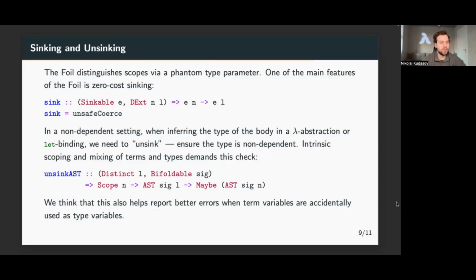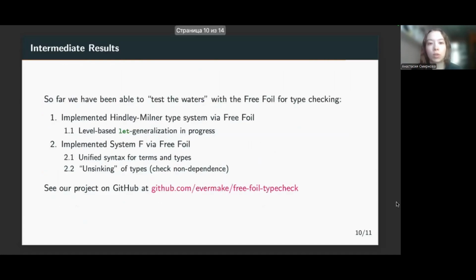But also, because we have to perform this check, it contributes to, again, a better error message when we sometimes accidentally misuse type and term variables. For now, we are testing the waters and getting comfortable with the FreeFoil. We have implemented a Hindley-Milner type inference and are working on the efficient level-based generalization before generalizing the entire algorithm.